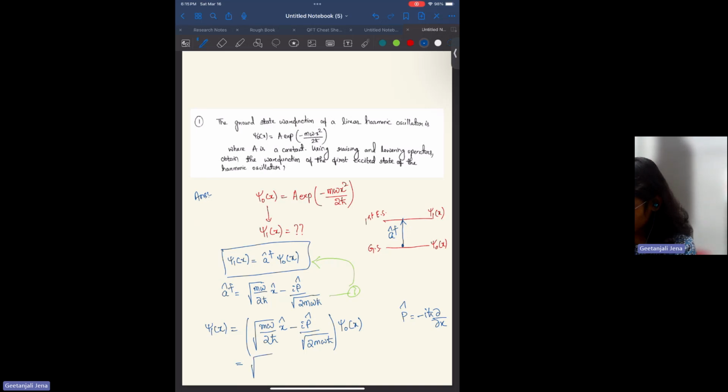That means this will be equal to root over of m omega by 2 h cut x cap, minus i times minus i h cut d by dx, divided by root over of 2 m omega h cut, acting on psi0(x).